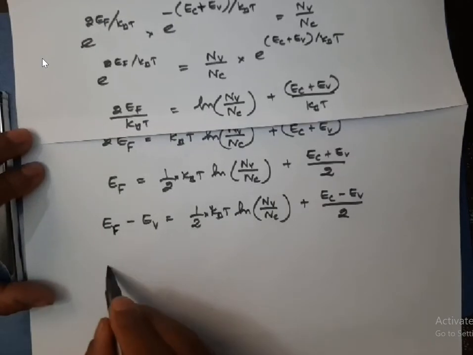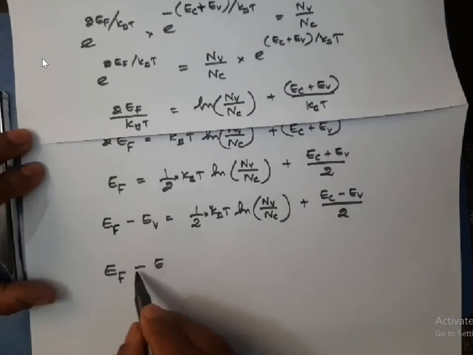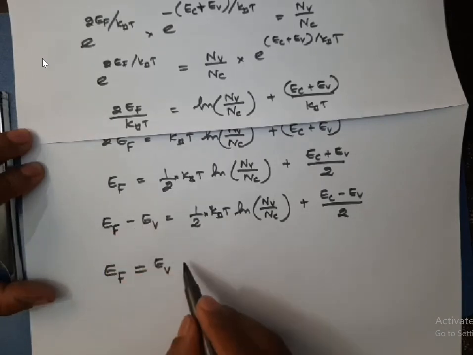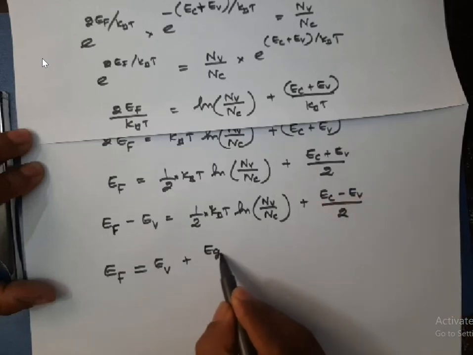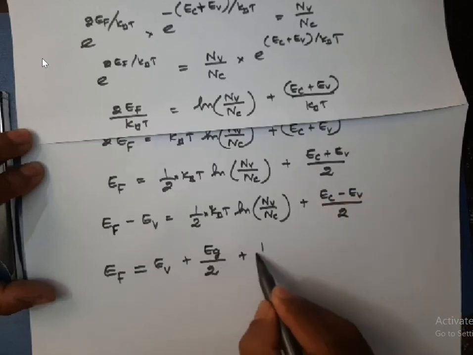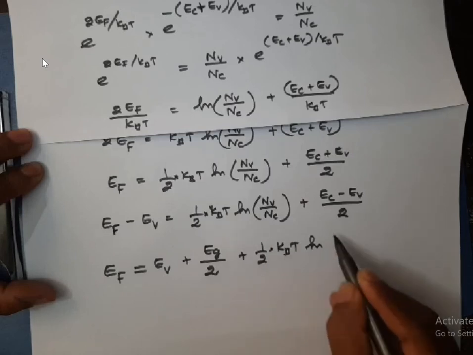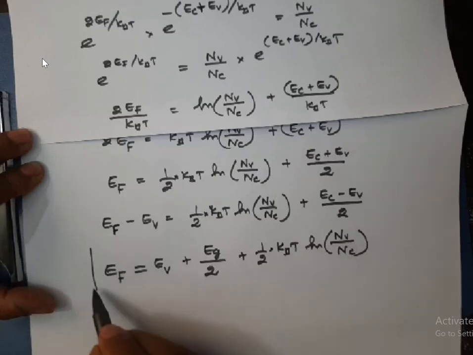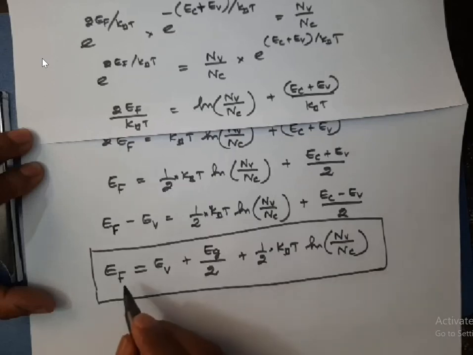Therefore, I can write this as EF minus EV, or I'll bring this EV to the other side: EF equal to EV plus (EC minus EV) which is EG by 2, plus 1 by 2 into kBT ln NV by NC. Yes, this is the expression for Fermi energy for an intrinsic semiconductor.